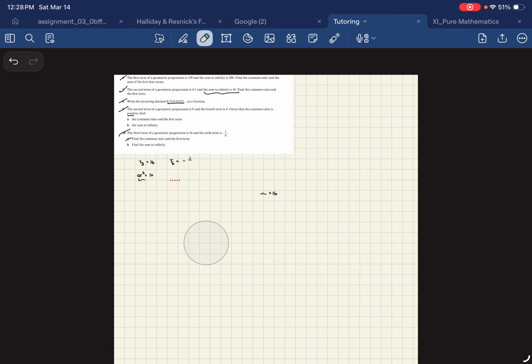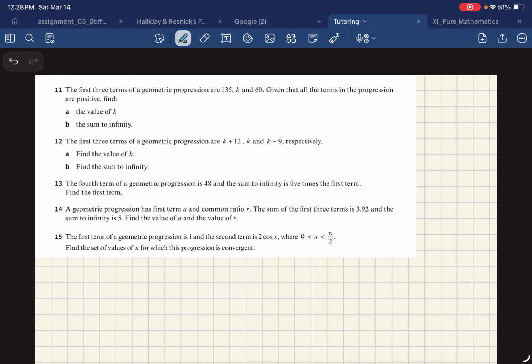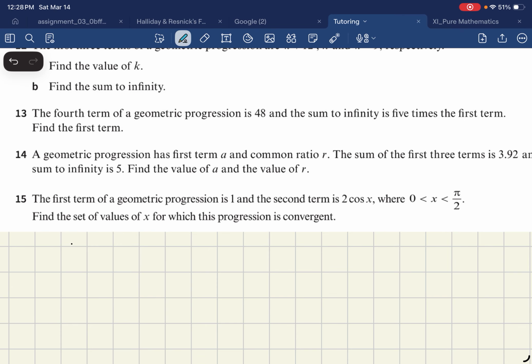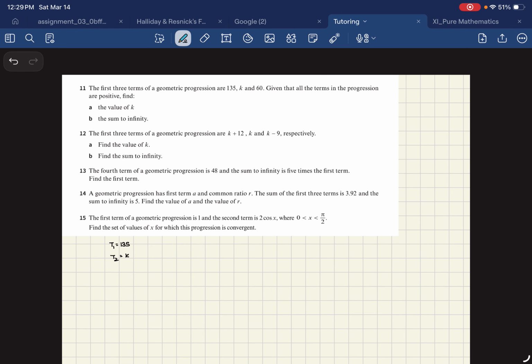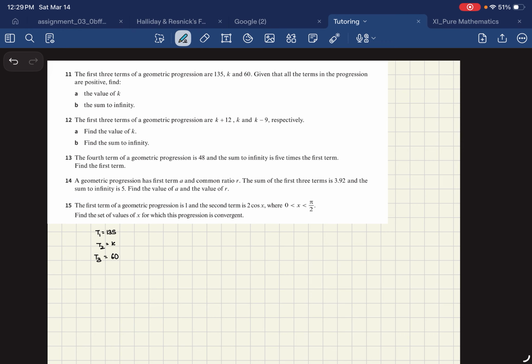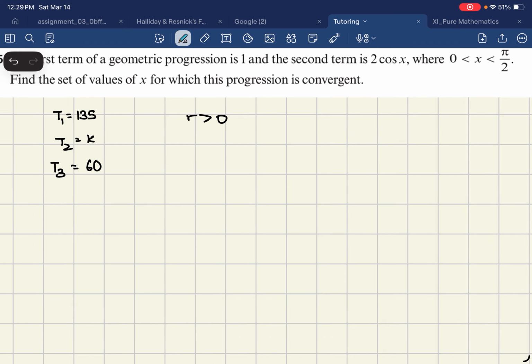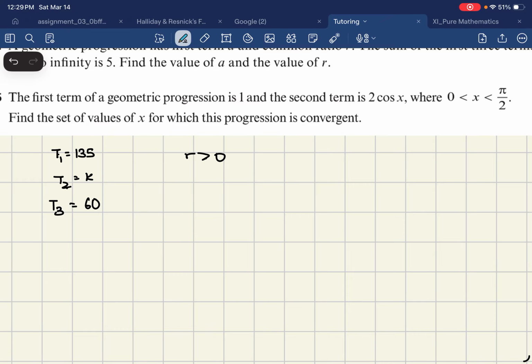All right. Question 11. The first three terms of a geometric progression. So I know T1 is 135. T2 is just K. And T3, the third term, is 60. Given that all the terms in the progression are positive, so we know that R is bigger than 0, find the value of K and the sum to infinity. All right, we know that T2 divided by T1 gives me the common ratio.